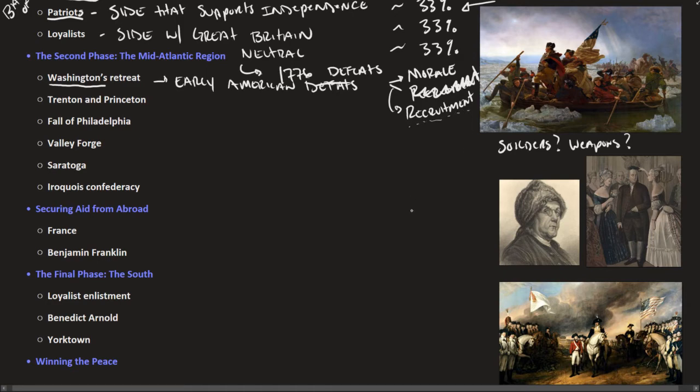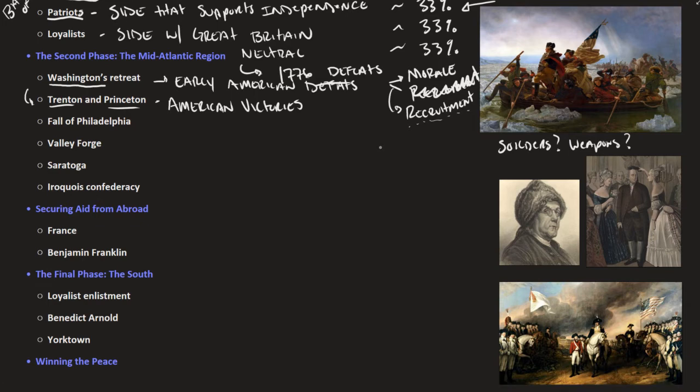So a slightly different strategy was required, which forced George Washington to take greater risk. The Battle of Trenton and Princeton were both American victories. Now, again, these battles were not important from a strategic point of view.